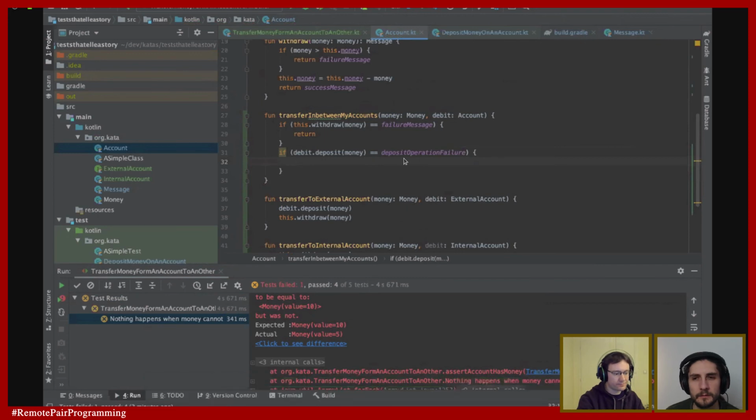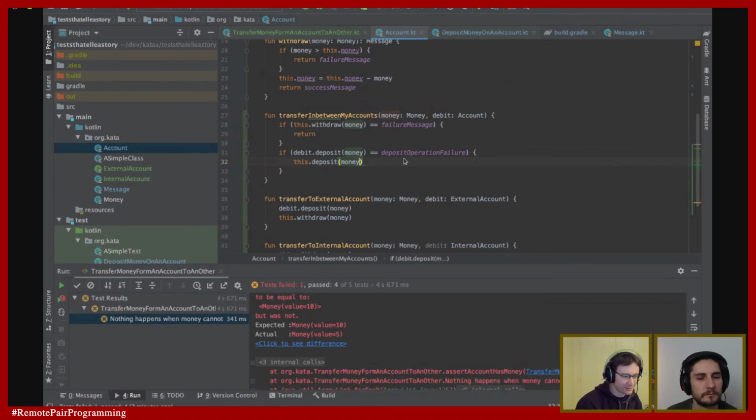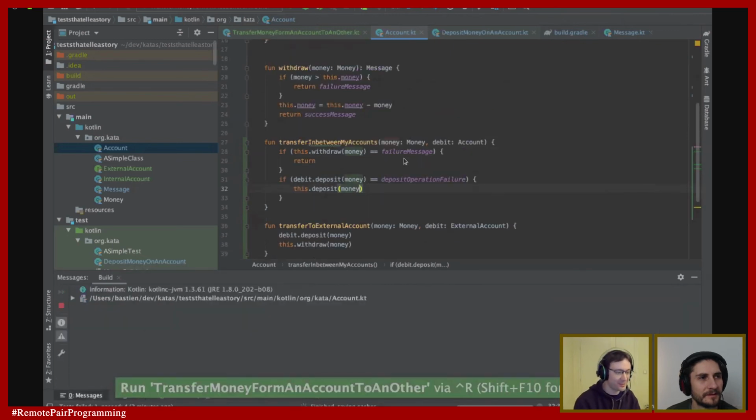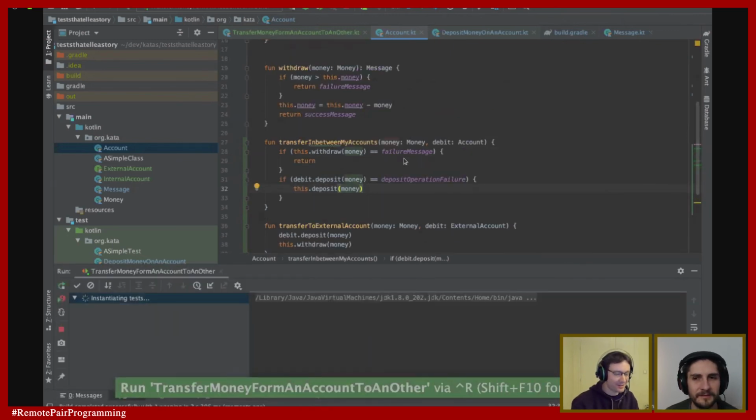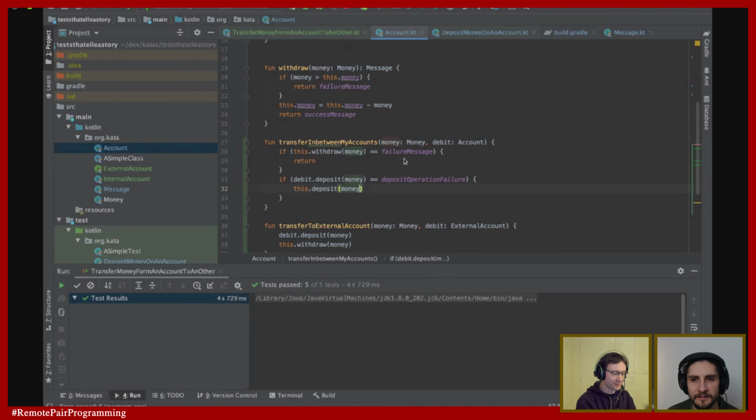Then we need to deposit. And okay. So here we could actually lose some money. Yes, this is going to pass, but if deposit keeps failing, then at some point this will lose money. Yeah. How do we handle this?